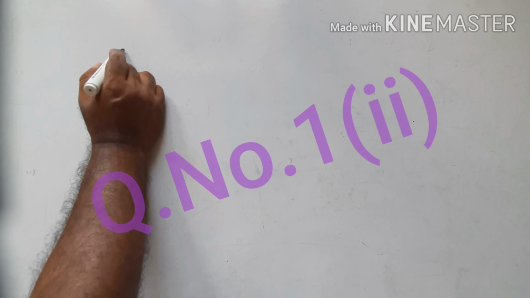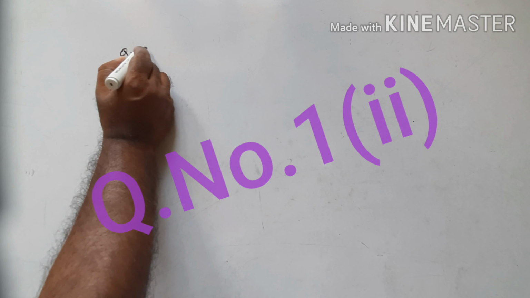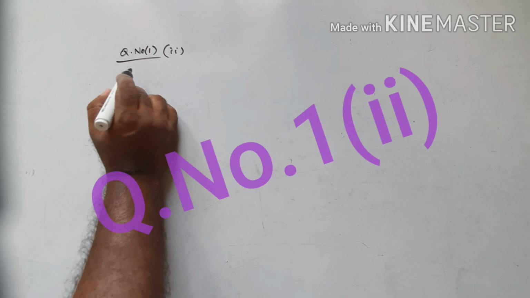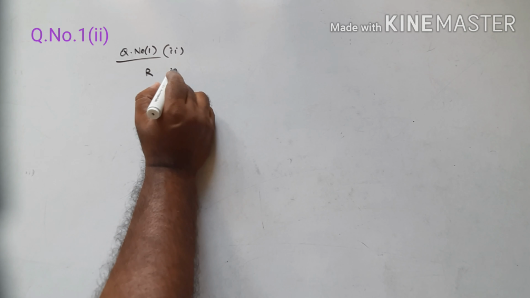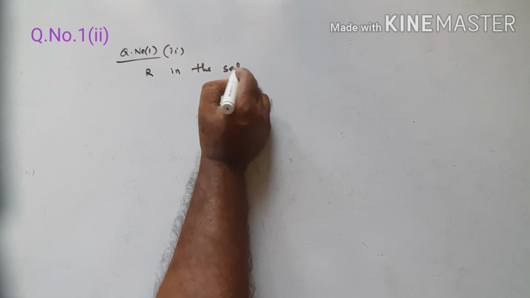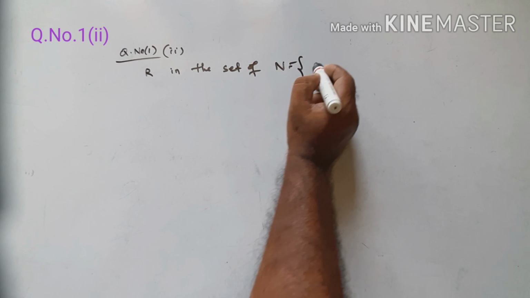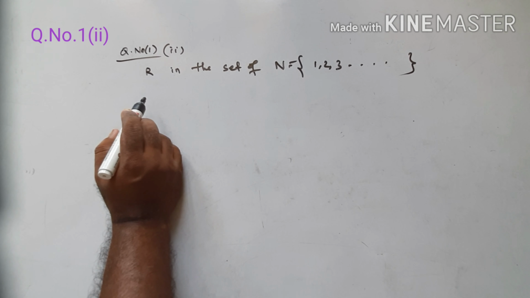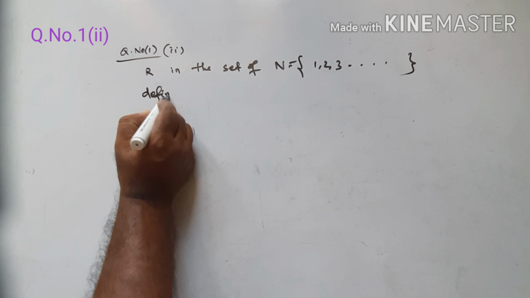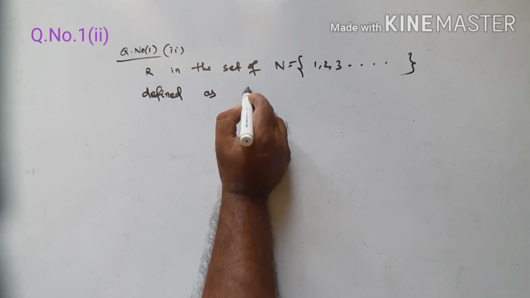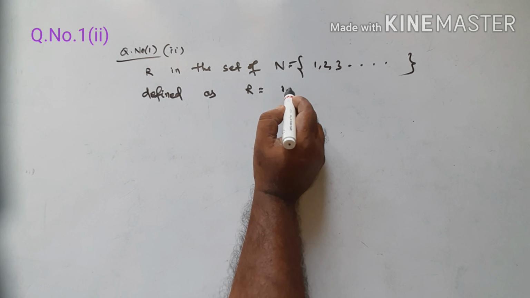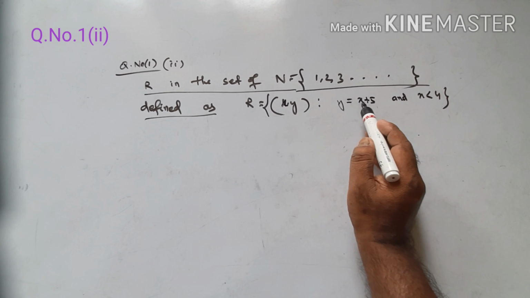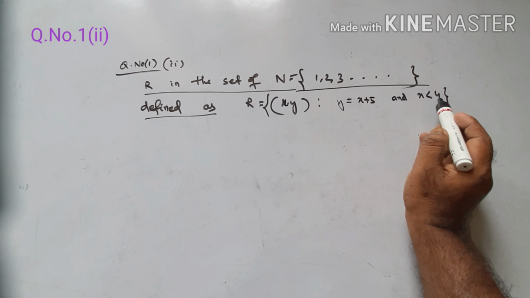Next, question number 1, part (ii). R is a relation in the set of natural numbers N equal to 1, 2, 3 and so on, defined as R equal to the ordered pairs (x, y) such that y equal to x plus 5 and x is less than 4.